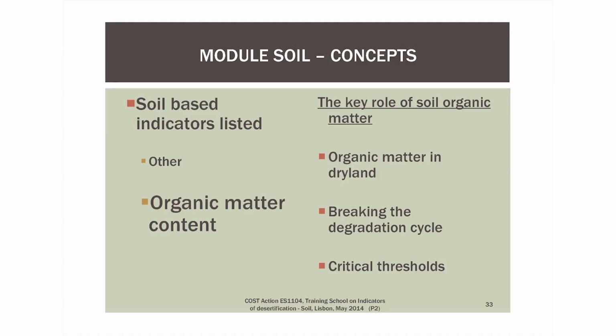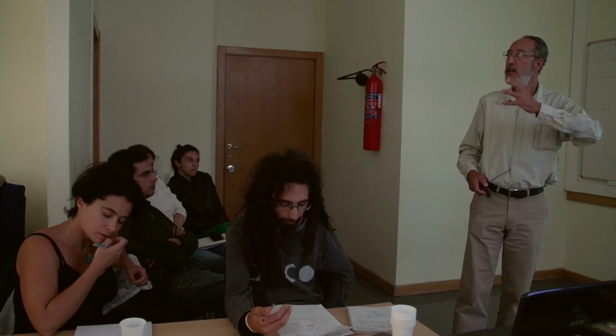So, if you manage to have more organic matter in the soils in dry lands, which is a difficult task, you may try to break, or go on breaking the degradation cycle, limiting the losses, limiting the damage, and trying to rebuild the biomass comfort conditions that it finds elsewhere in the world.